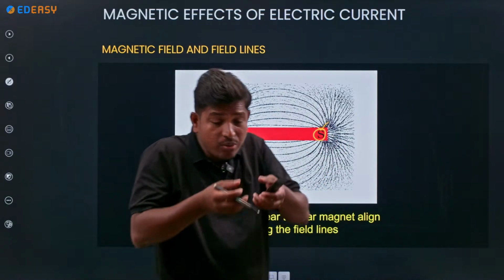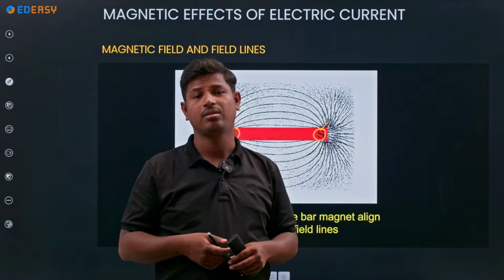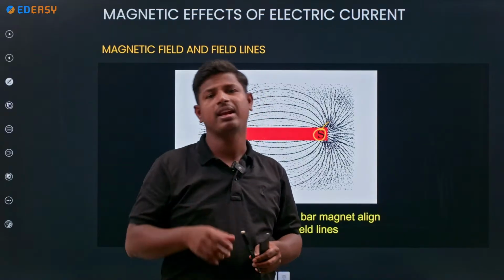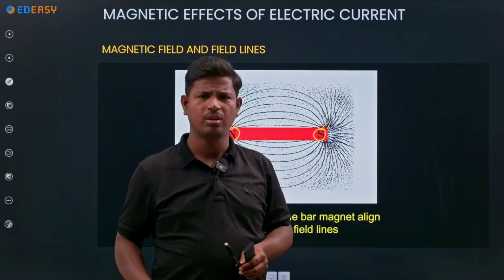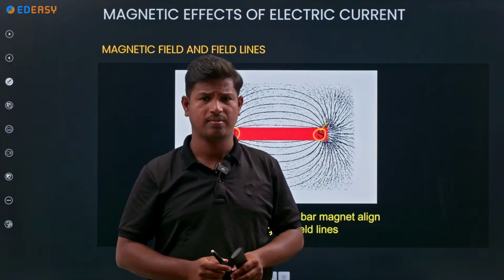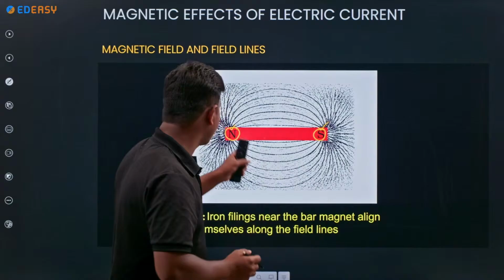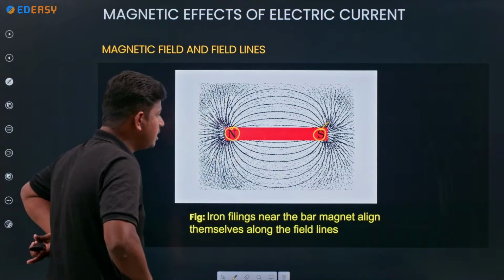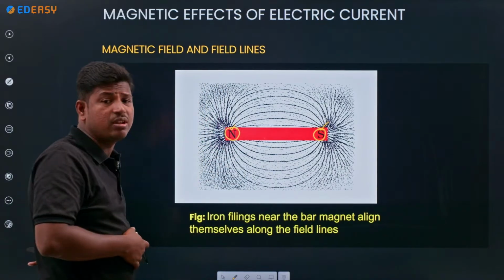If you divide or break the magnet, whatever you do, the magnet always exists with two poles, north pole and south pole. See what they did here actually.